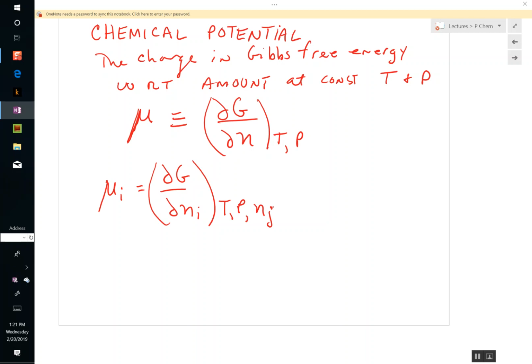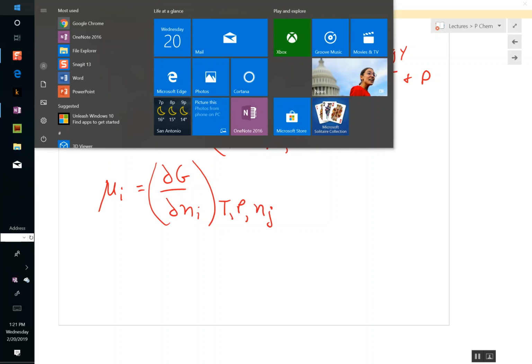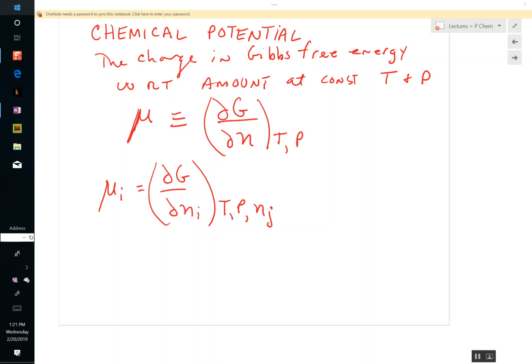It's just for multiple gases. Eventually this will expand into just multiple materials, whether solids, liquids, or gases.